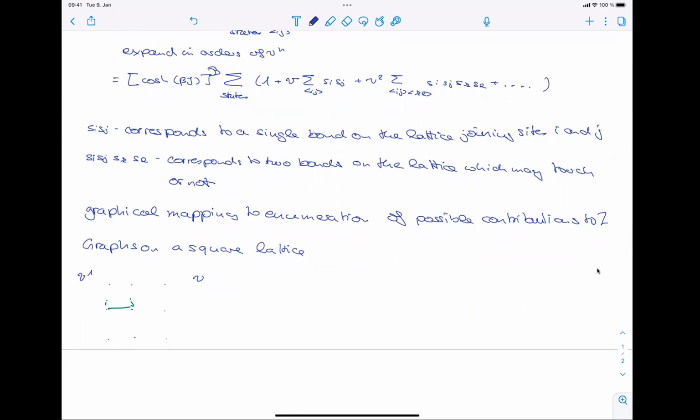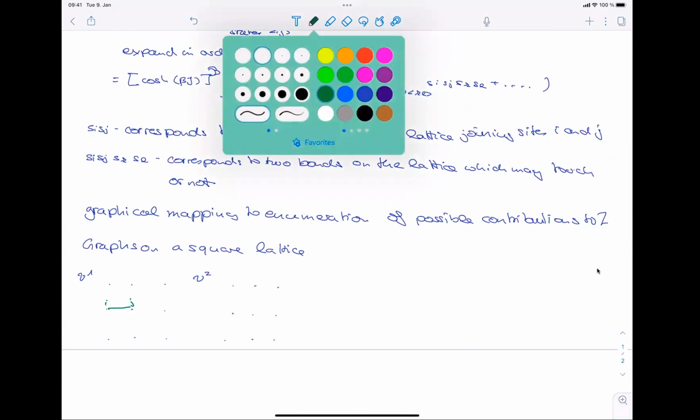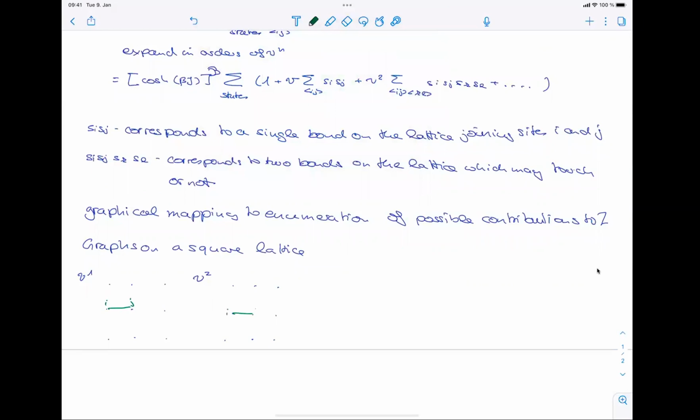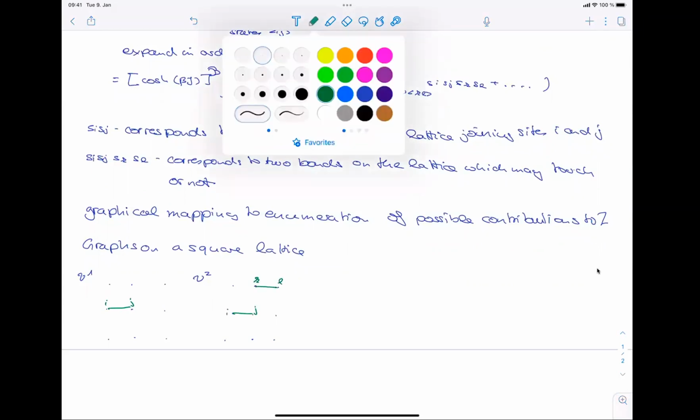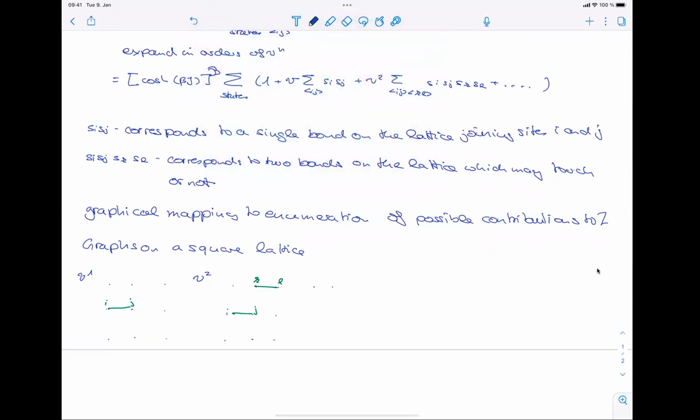Let me make my 2 a little more legible. There we go. So I can have, I stick with my i and j, and now I can have k and l over here, or I can have them touch, and say have just l here.